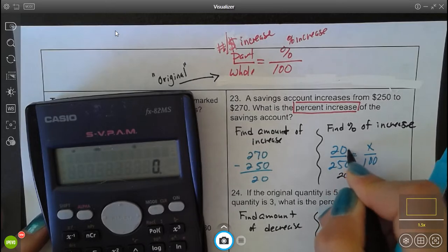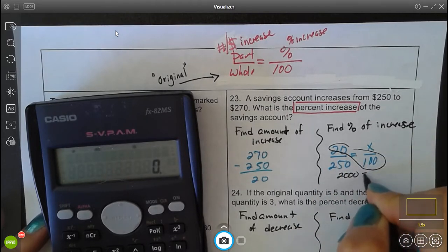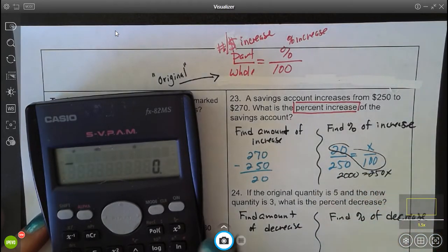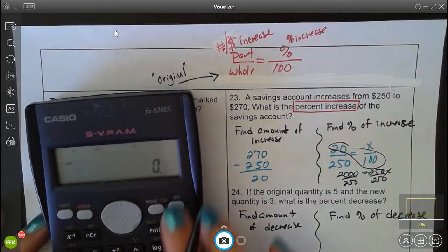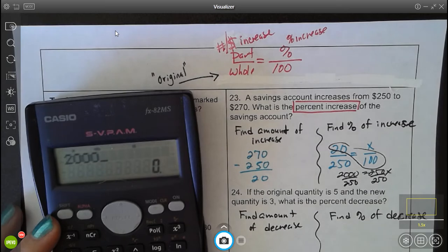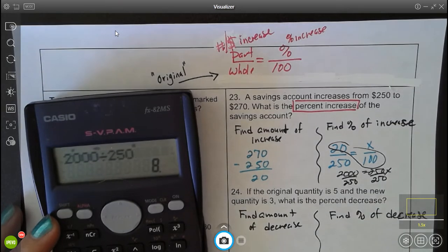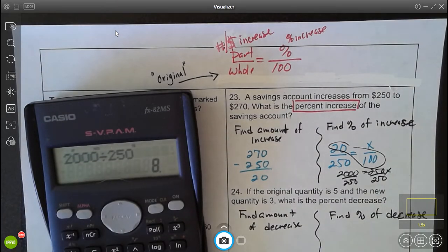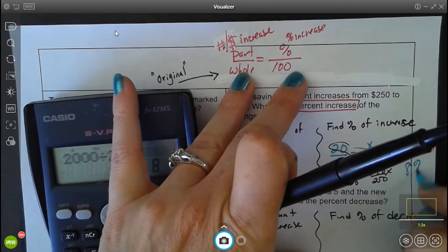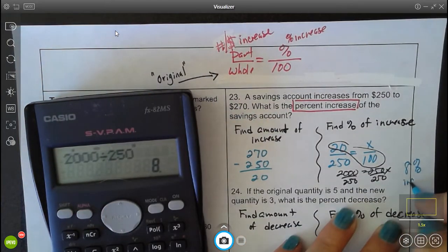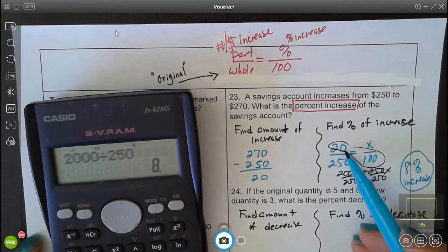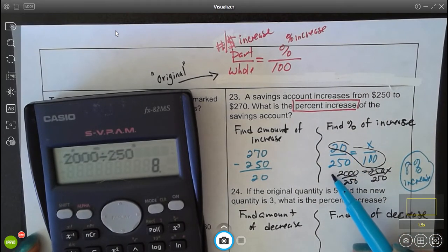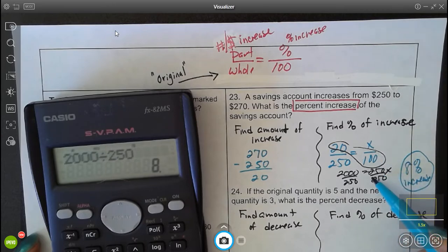When you cross multiply, you would get 2,000 equals 250x, and then you would divide by 250. 2,000 divided by 250 is 8. Okay, so it is an 8% increase. So 25 for 250 would be 8 for every 100.